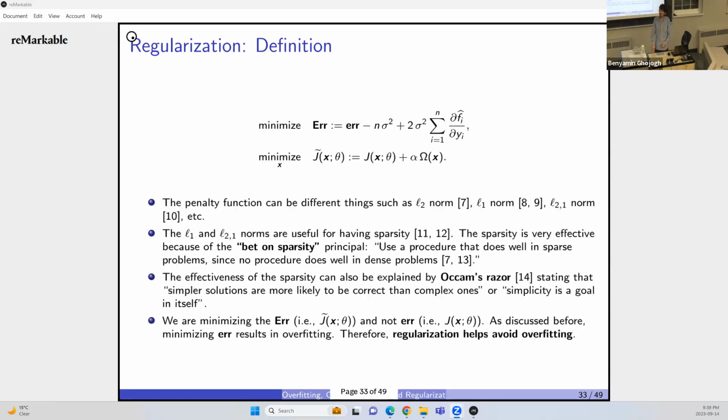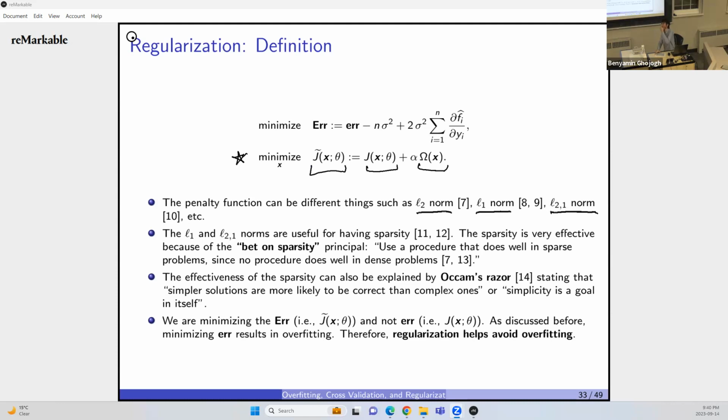We use regularized cost a lot in machine learning, a lot. So we had this, I'm repeating that. Let J tilde of X be the regularized cost, while J of X is the actual cost, okay? By the way, this penalty term can be different functions. They usually use L2 norm or L1 norm or L21 norm, different norms for that.